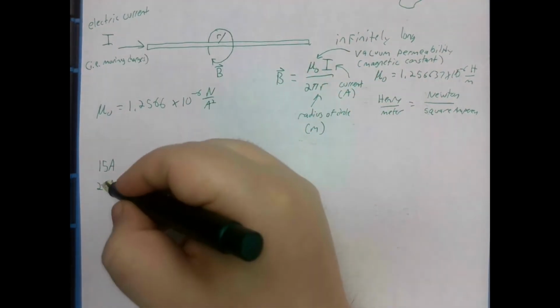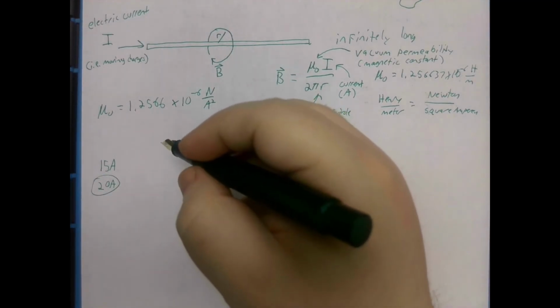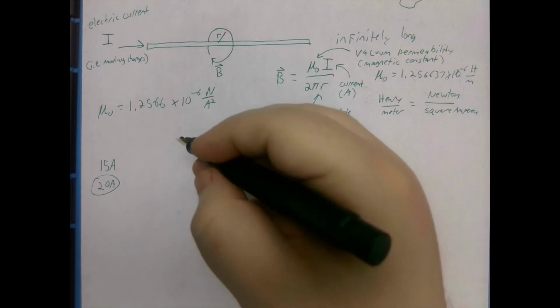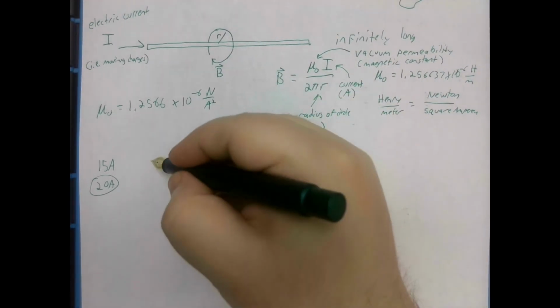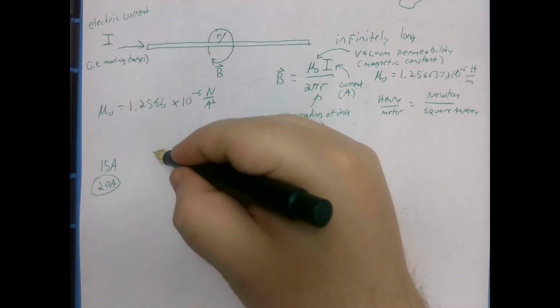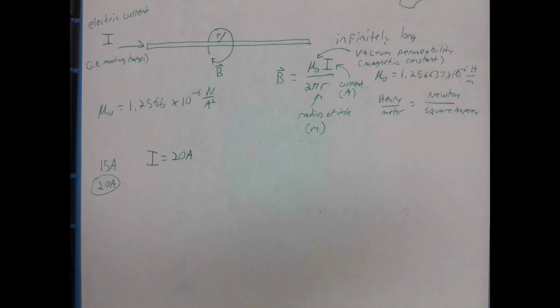But let's actually do 20 amps first, like your washing machine or electric oven if you have one. And then we'll do it for 300. So our current is 20 amps. And how close away do we want to measure the strength?